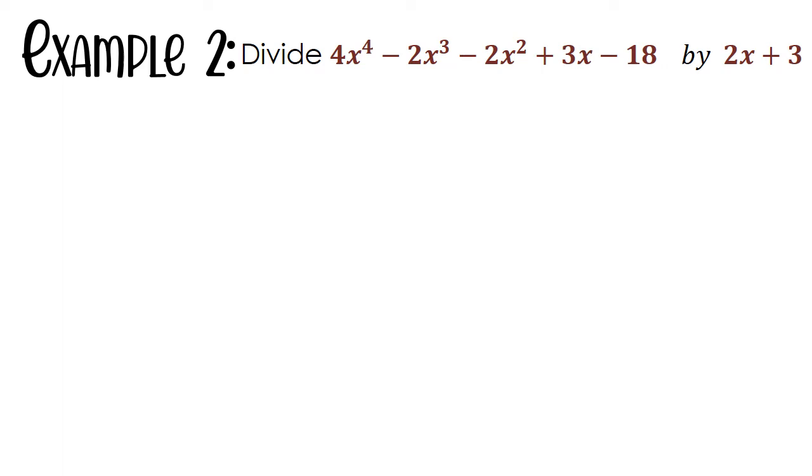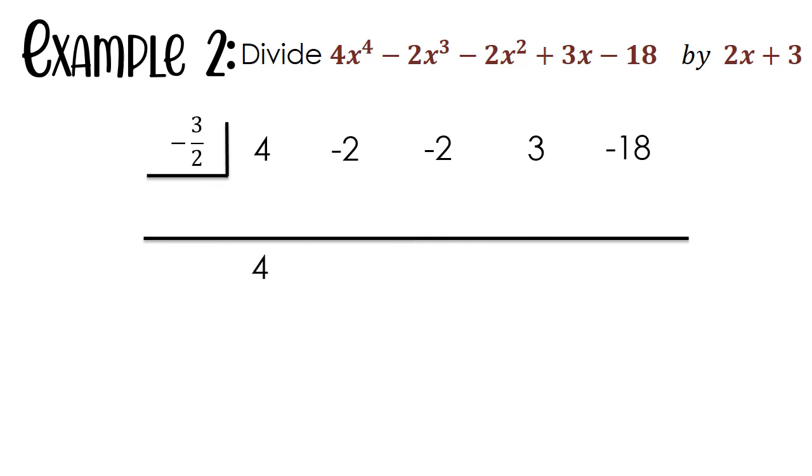Again, our next step is to get the coefficients of the dividend, which are 4, negative 2, negative 2, positive 3, and negative 18. Then, write the value of c at the leftmost part of our row, which is negative 3 over 2. Next step is to bring down the first coefficient, which is 4.